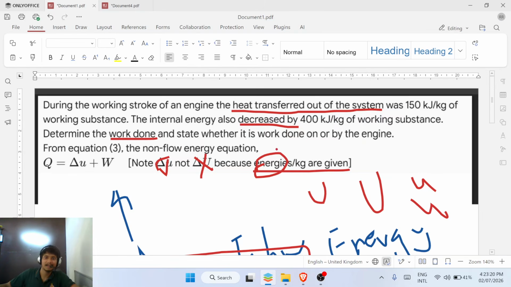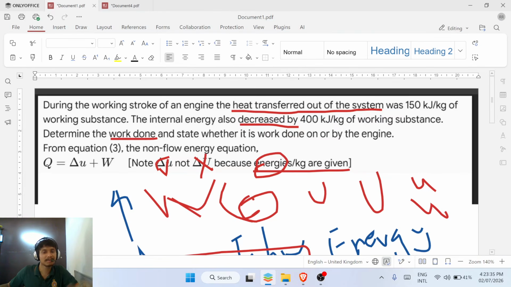We have to first find the work done W. If W is plus, the work was done by the engine. Otherwise, if W is minus, the work was not done by the engine. That's the question: by the engine or not by the engine.